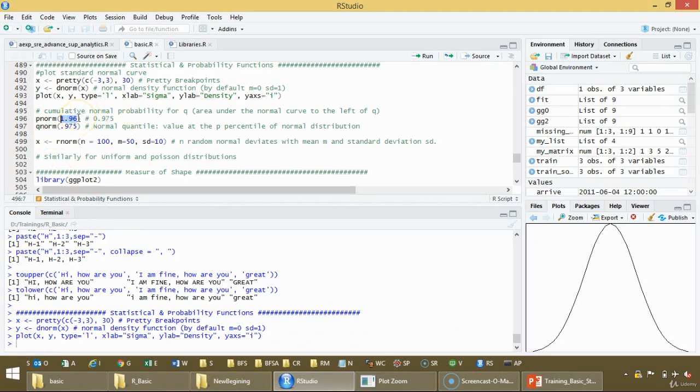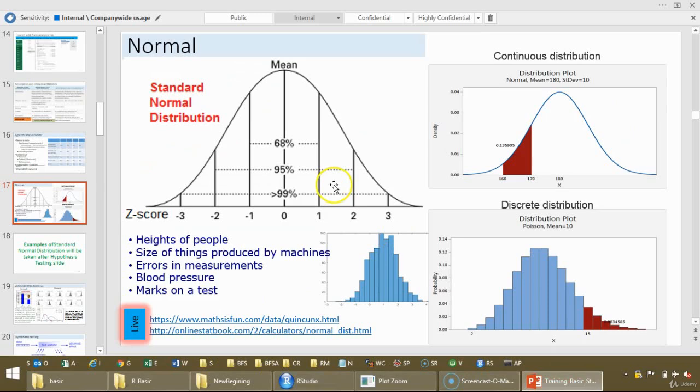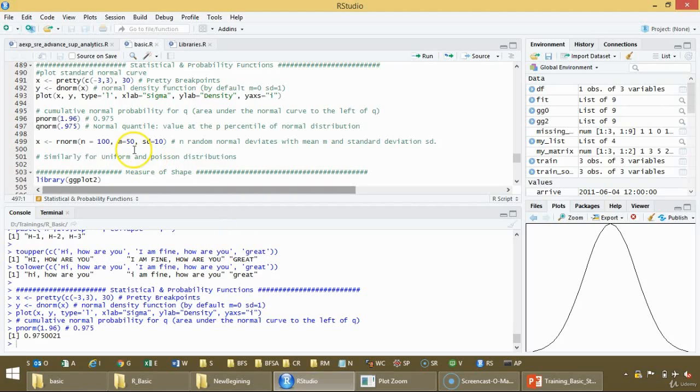So for 1.96, if you run line 496, it is giving 0.975, so 97.5%. That is very much true. Around 1.96 gives you around 95% in the two-tailed sense, and 97.5% on the left side. Now, if you have the area itself, it is just the reverse of that.